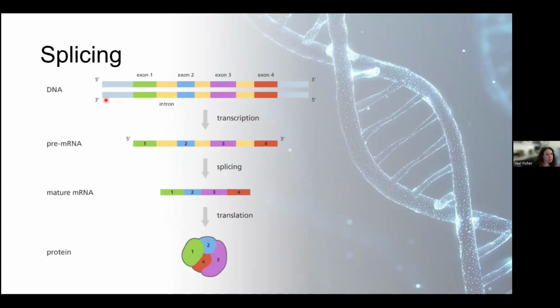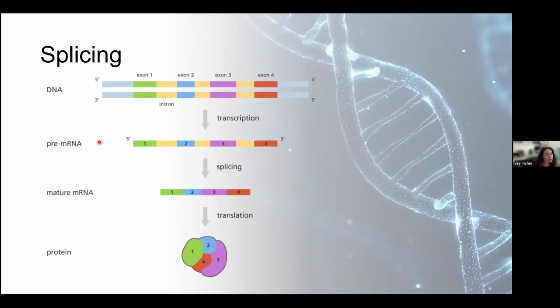When DNA turns into RNA, the first step is transcription. So the DNA is transcribed into a molecule called pre-mRNA, pre-messenger RNA, and this molecule contains the whole gene. Okay, so it'll have the exons and the introns as well.